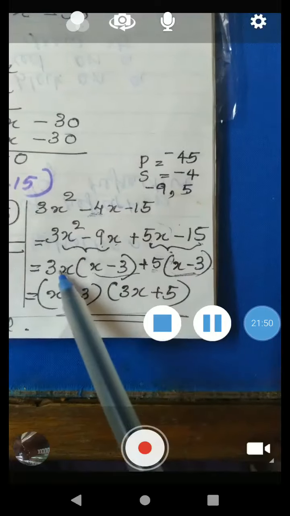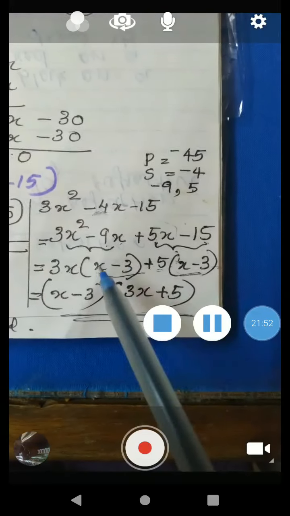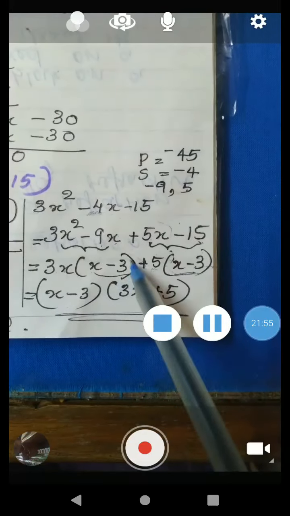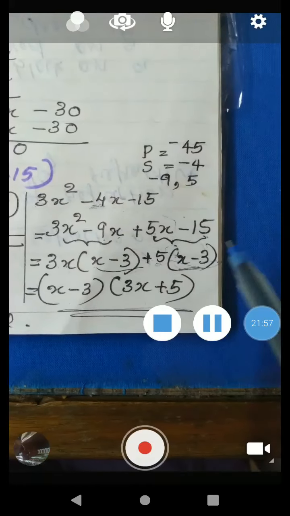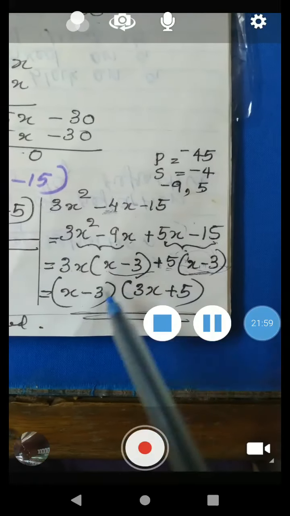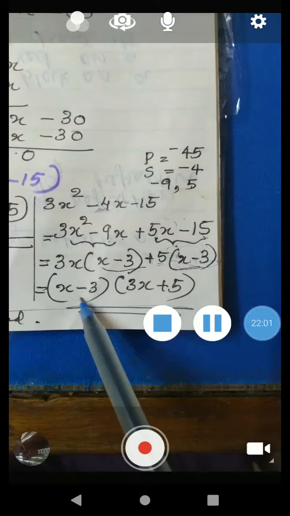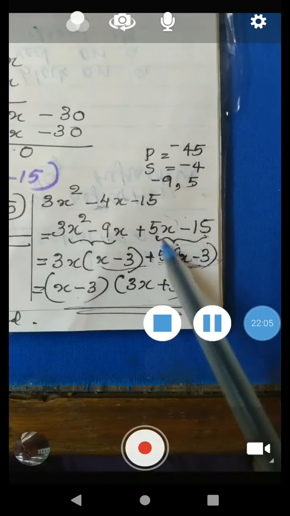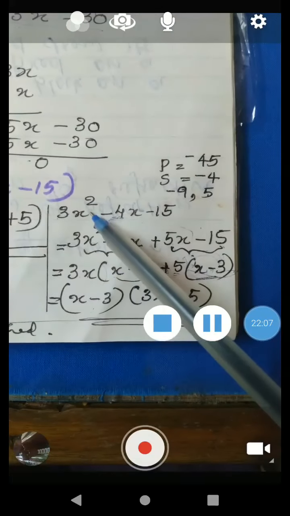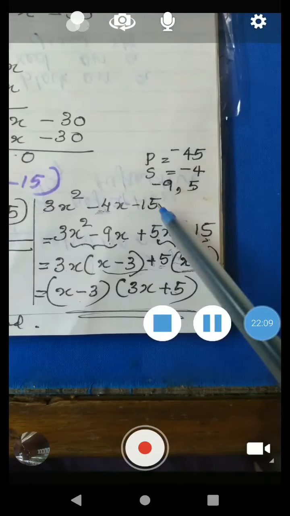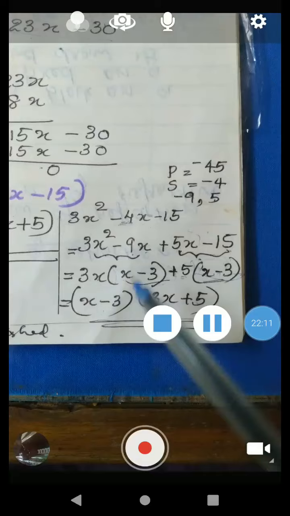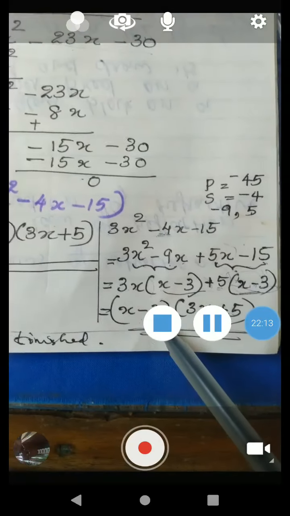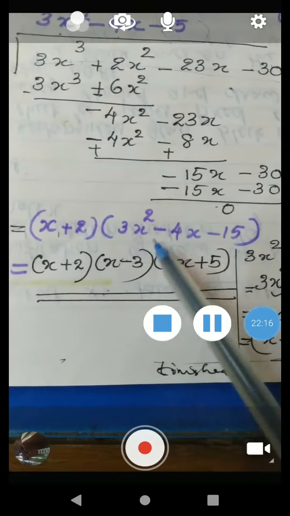So now you can see x minus 3 is common. Take it outside. What is remaining? 3x plus 5. Therefore, instead of 3x square minus 4x minus 15, we can write x minus 3 into 3x plus 5.